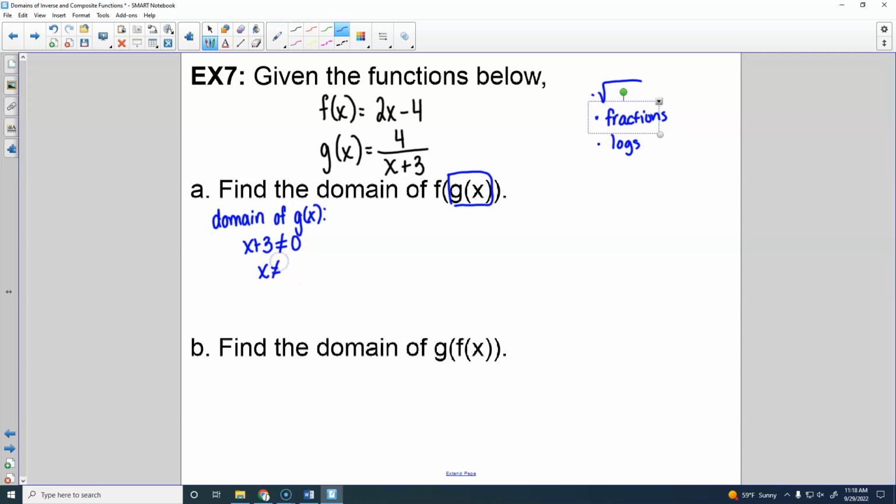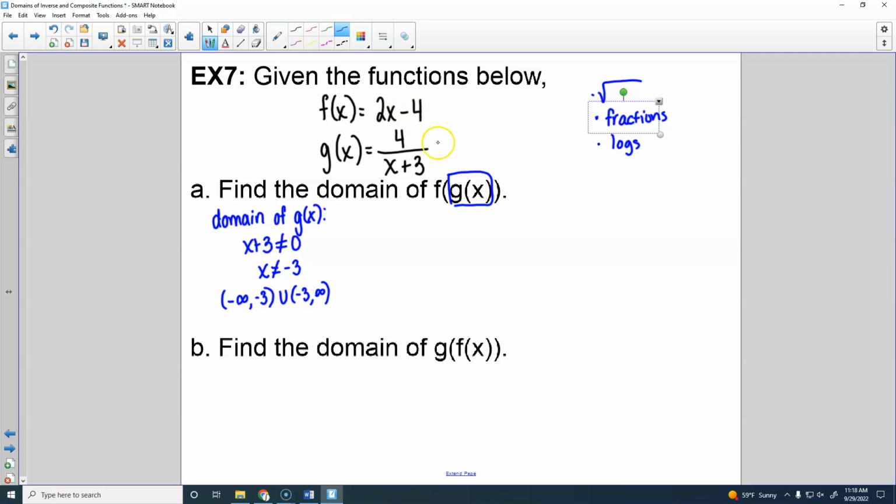So x does not equal negative 3. So for g of x, any number is okay except negative 3. In interval notation, that would be negative infinity to negative 3 and negative 3 to infinity. Everything except negative 3. So no matter what we get for f of g of x, we cannot have negative 3. That has to be a restriction on our domain.